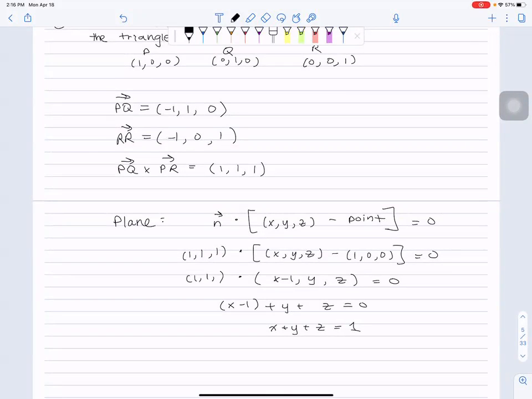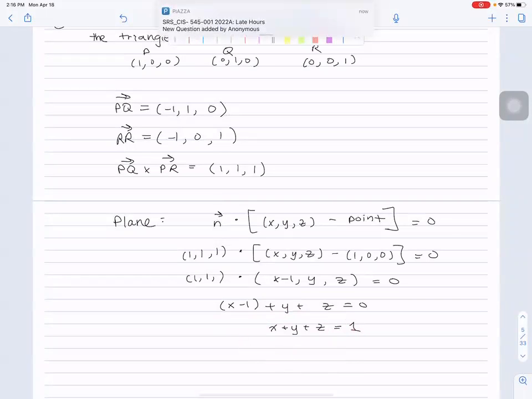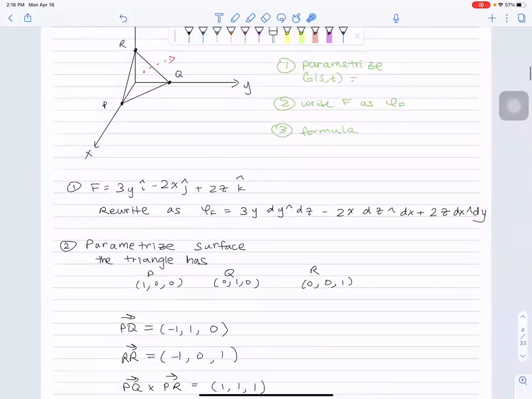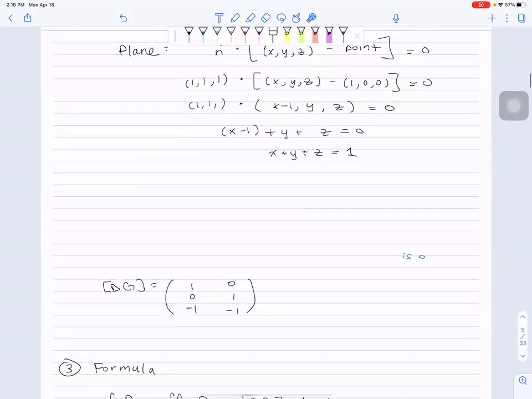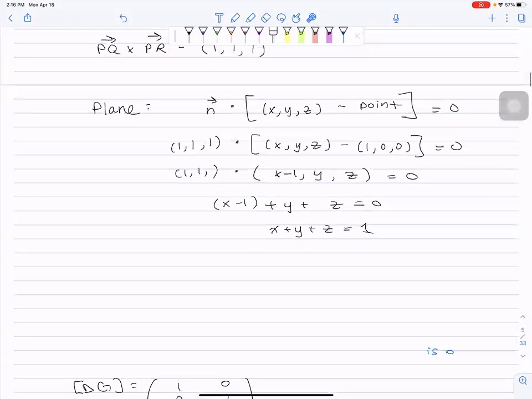But we need to parameterize it. Right now we have 3 separate variables, but remember in our formula above, we only had g of s, t. So our parameterization should only have 2 variables. If we keep the variables x and y, then x is x, y is y. What is z? I can rewrite my plane equation as z equals 1 minus x minus y.